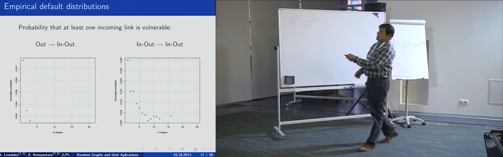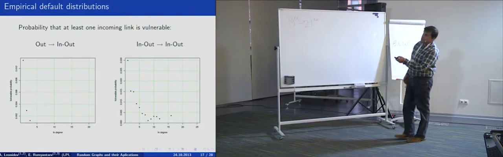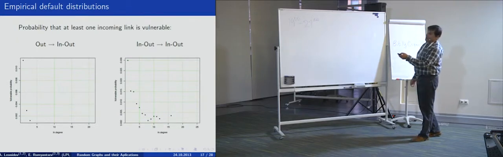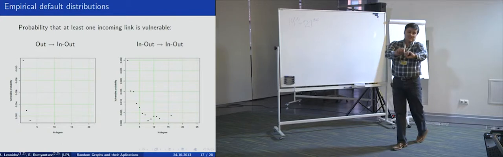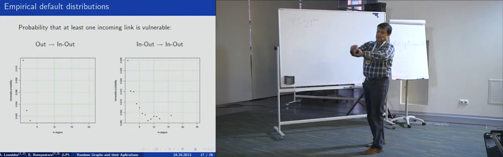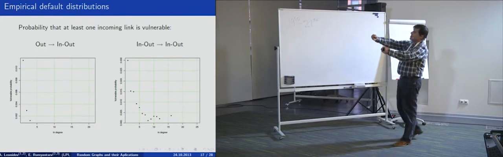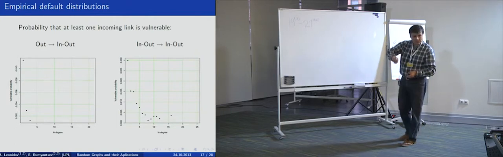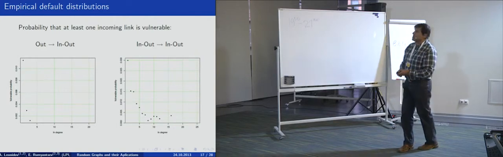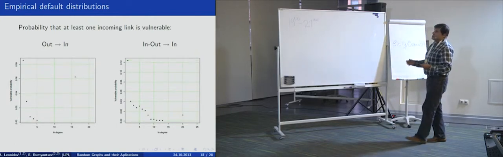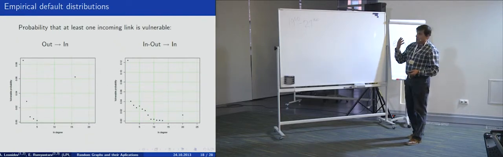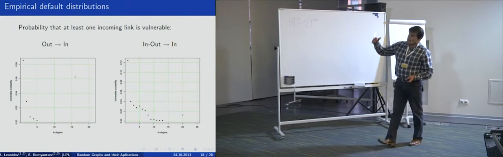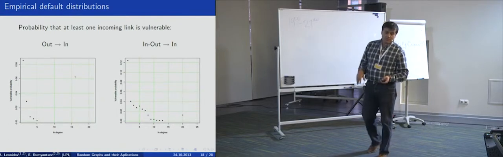And here there are examples of these probability distributions for default starting from the out component and going to in-out, from in-out to in-out, so staying inside the nucleus, or from out to in directly, or from in-out to in. So we have all the cases, and why it is useful.